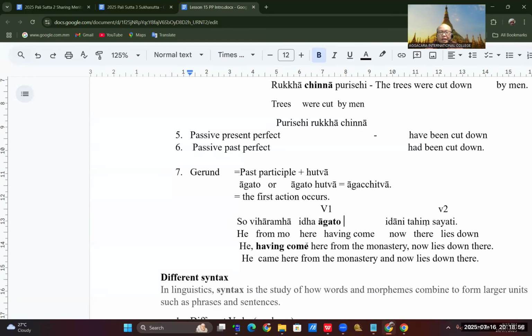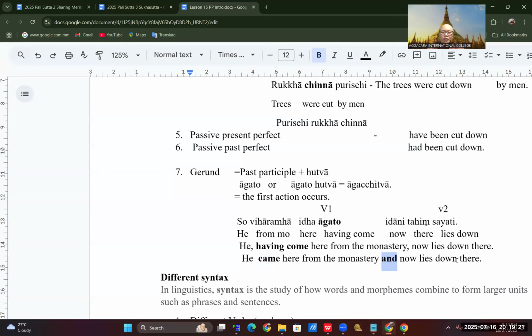So you can translate as "he, having come", or "he came and", even though you don't see the word "and". Remember, gerund means a sequence of actions. You can translate as "come and something", or "having come", or "after coming".